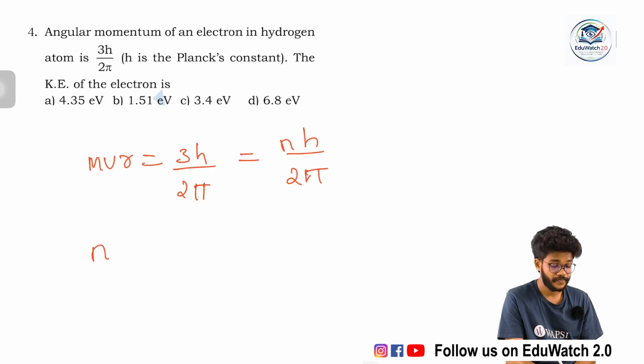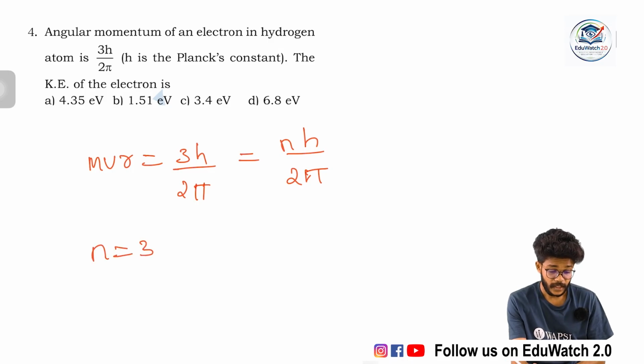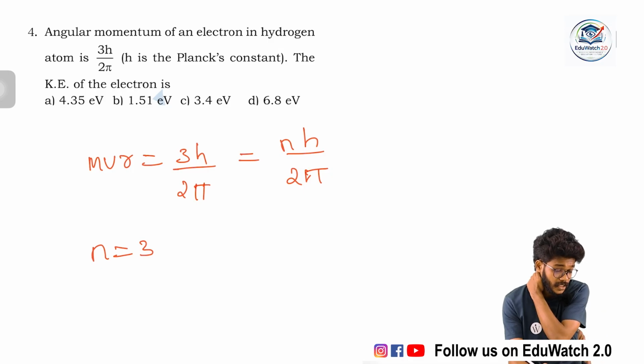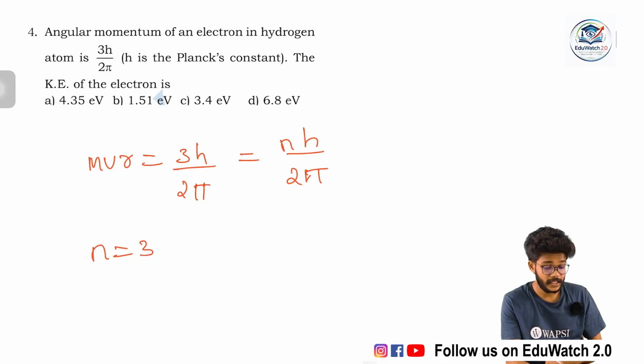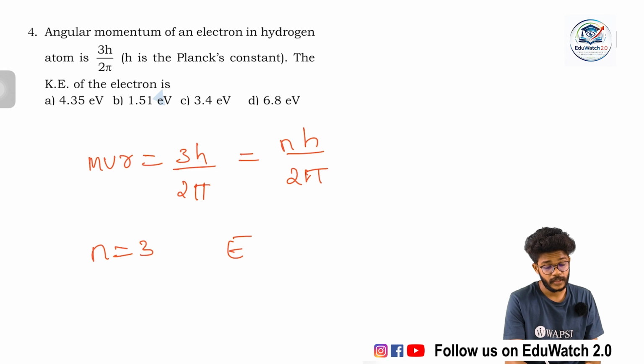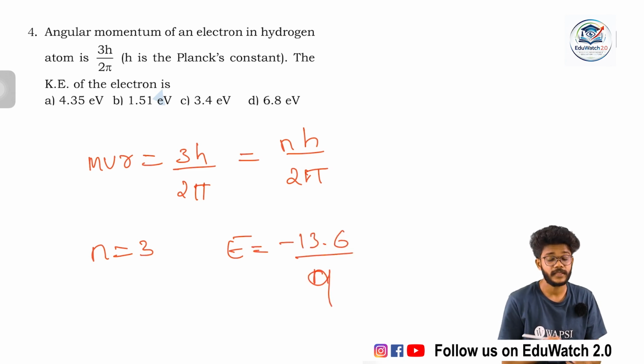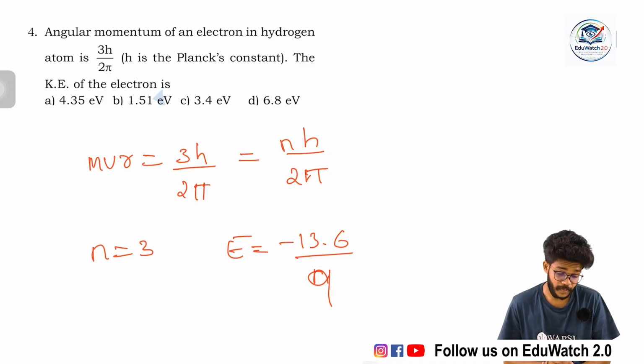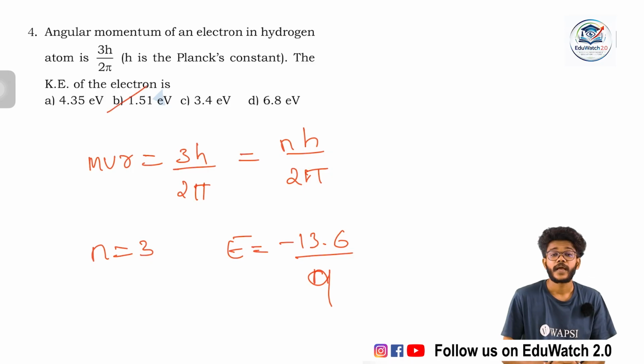So what is n? n is equal to 3. So we need to find the kinetic energy of the electron in the third shell. So energy is equal to minus 13.6 by n square. n is 3, so 13.6 divided by 9, that is approximately 1.5. So option B is the correct answer.